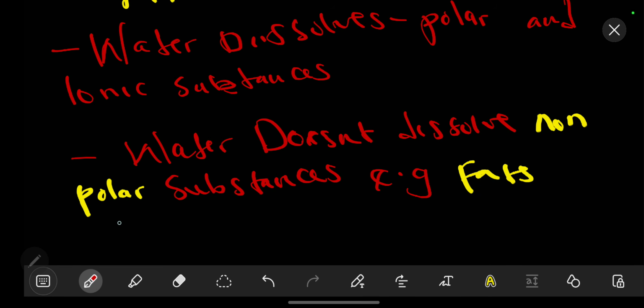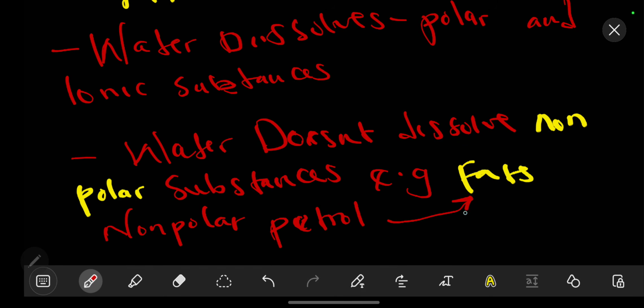What is able to dissolve fats is another non-polar substance, such as petrol. So petrol is also a solvent, which means it's a liquid that is able to dissolve other non-polar substances such as fats. So that is the introduction to reactions in aqueous solution.